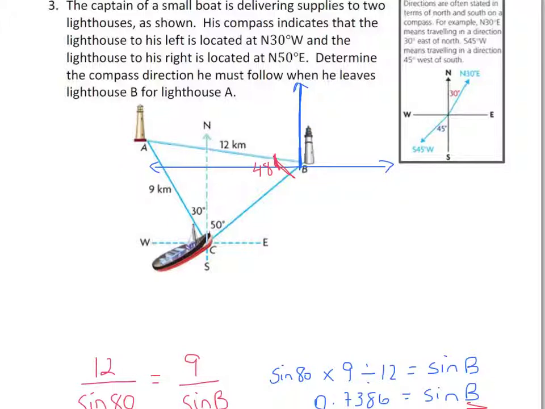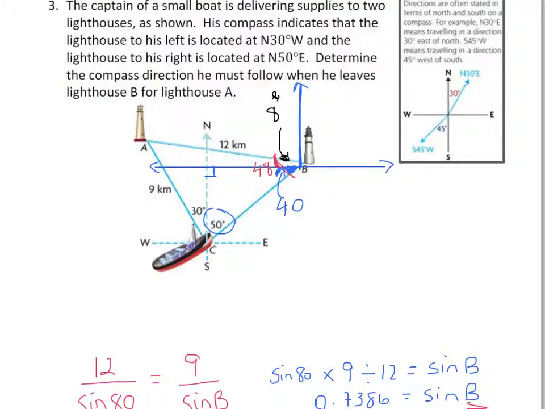But this little angle in here is 180 minus 90 minus 50. So that little angle in there is 40. And the little angle right there is 8 degrees.